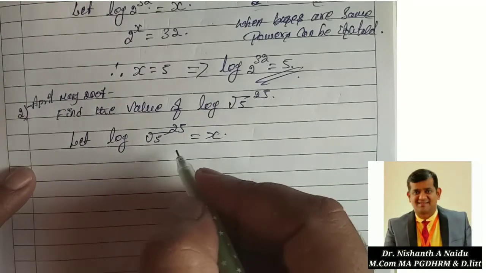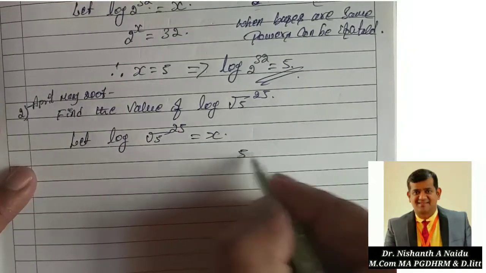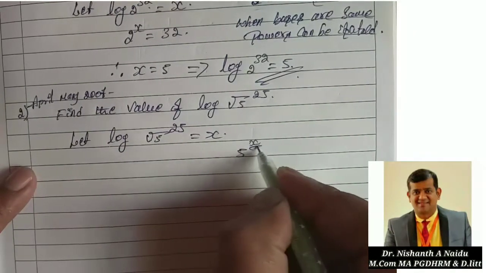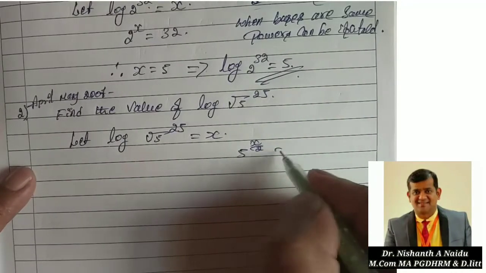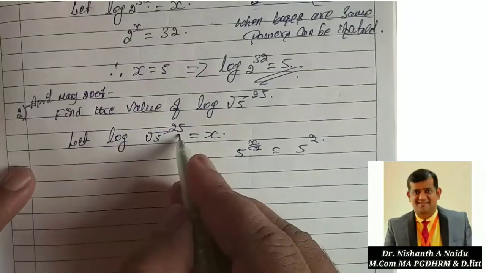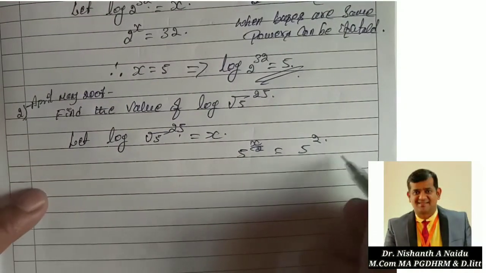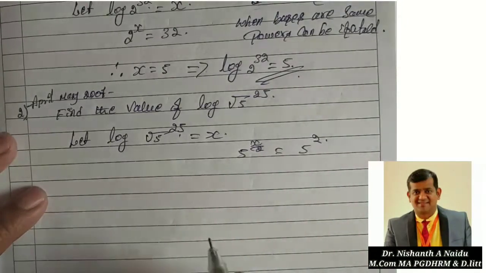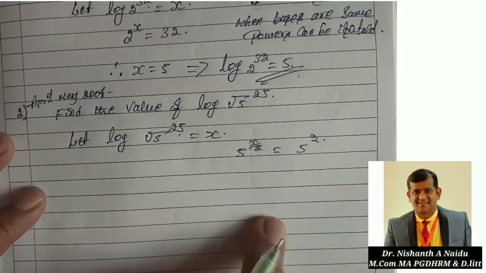Then that becomes 5 to the power x divided by 2, 1 by 2, right? So x divided by 2 equals 5 to the power 2, because for 25 you get 5 into 5, 5 fives are 25, so 2 times. When bases are equal, powers can be equated.